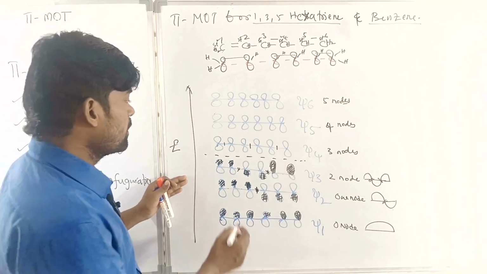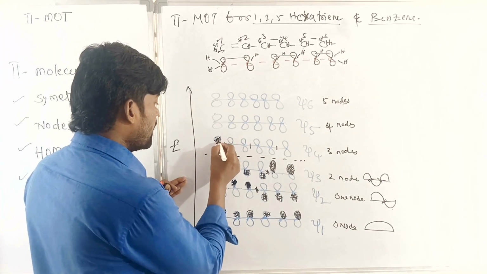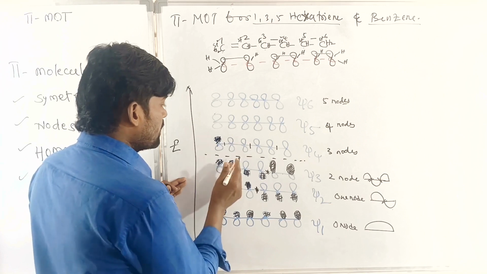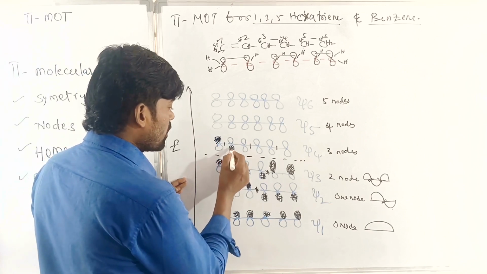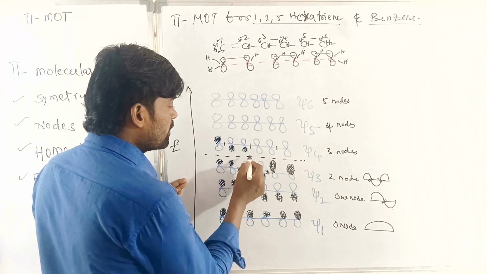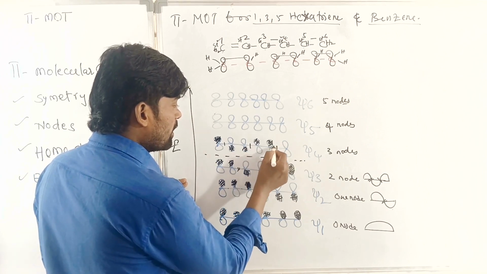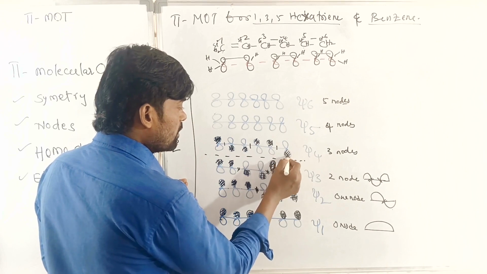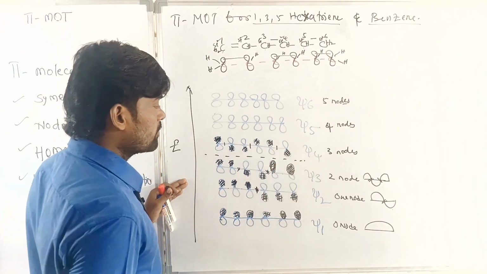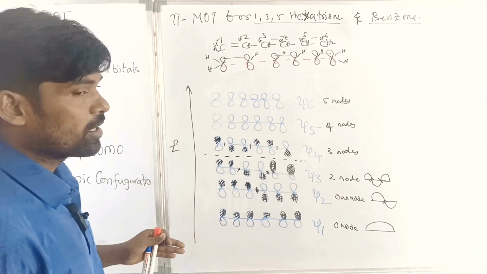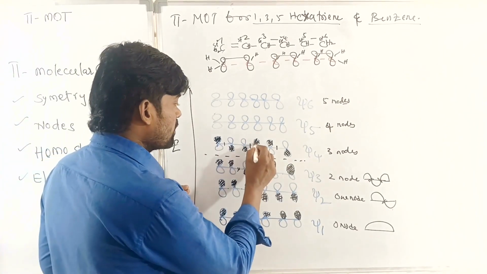Check it. Now these are shaded upside, these 2 are shaded downside, these 2 are shaded upside, and these 2 are shaded downside.